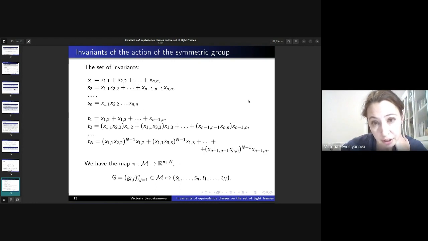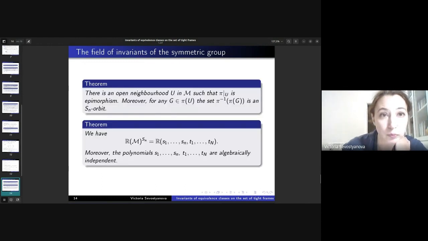We have the map that calculates these polynomials for any symmetric matrix. We prove the theorem that there is an open neighborhood in the set of symmetric matrices such that this map is an epimorphism in some sense.